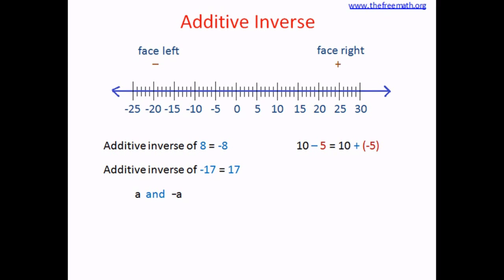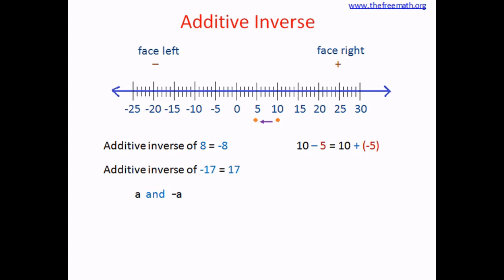Let's calculate that. The first number is 10, so you are here. The second number is negative 5, that means you are going to face left and walk 5 steps. So you come here. Your answer is 5 again. That means 10 minus 5 is the same as 10 plus negative 5.